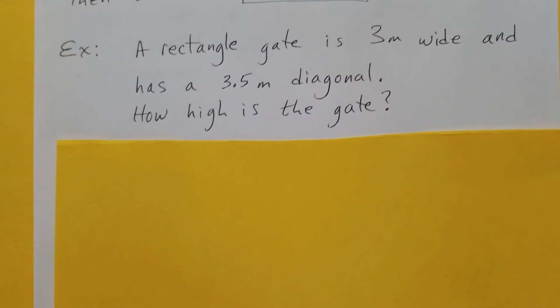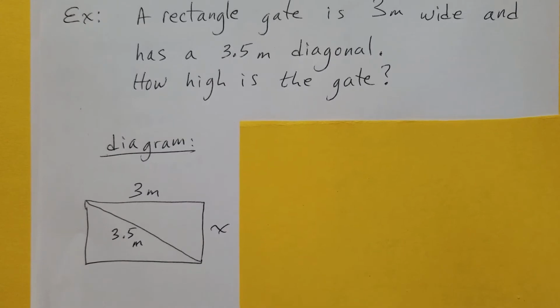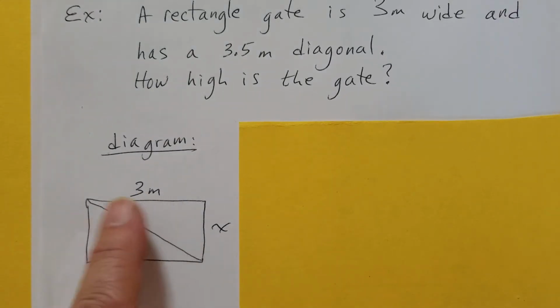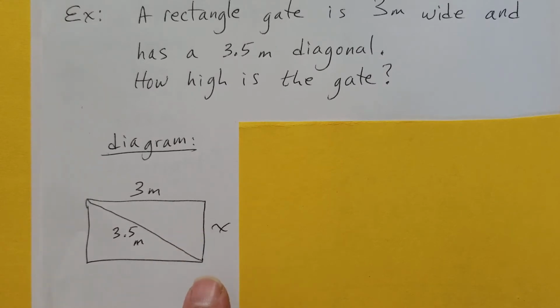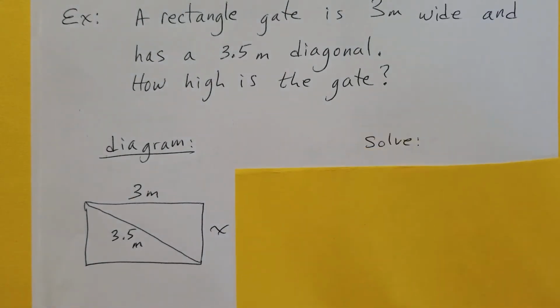So here is my drawing of the diagram that they're talking about. Okay, so as you can see, it's 3 meters wide and the diagonal is 3.5 meters. So the question is, how high is the gate? Well, that would be this, the x. That's an x there. So now we solve it.